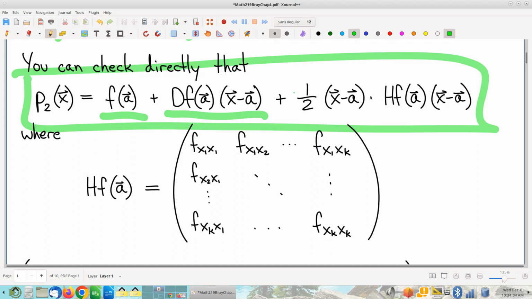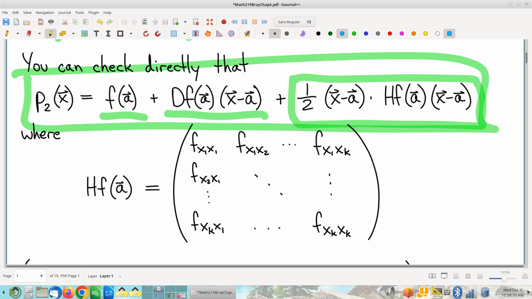And then there's a second order term, we call it, and I'm going to say this kind of looks like the single variable version in the sense that there's a 1/2 in the front, and you can see there's 2 factors of x minus a. It's kind of like an x minus a squared, but of course these are vectors. There's a dot product in the middle, and there's a matrix in the middle, so it's not exactly what you might guess, but it's not far off.